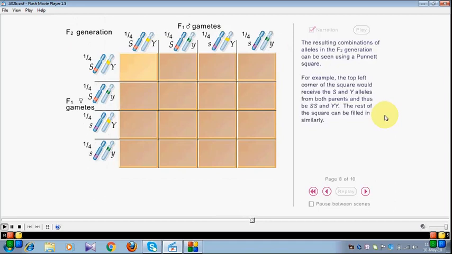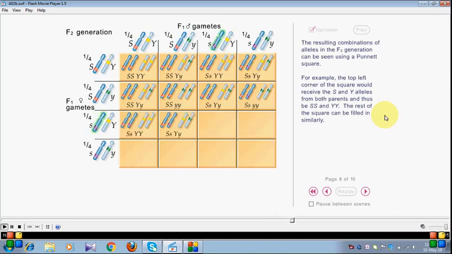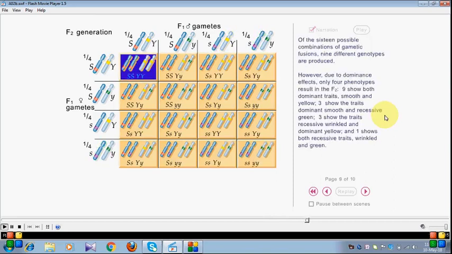For example, the top left corner of the square would receive the big S and big Y alleles from both parents, and thus be big S and big Y. The rest of the square can be filled in similarly. Of the 16 possible combinations of gametic fusions, 9 different genotypes are produced.